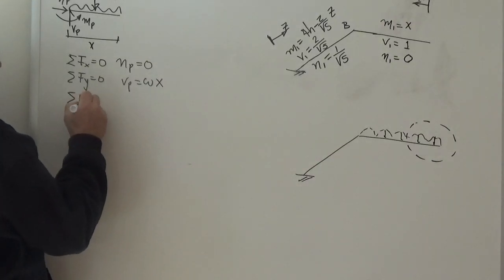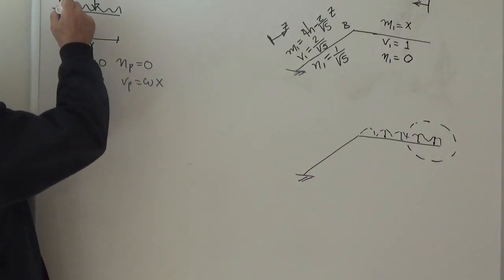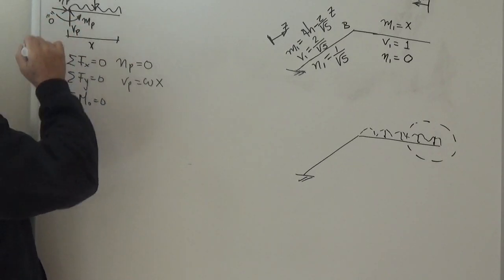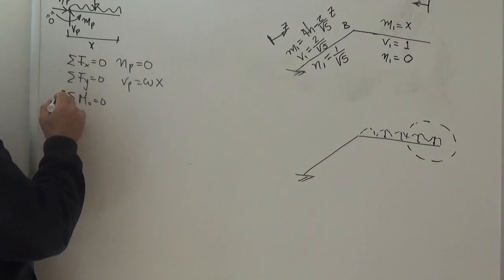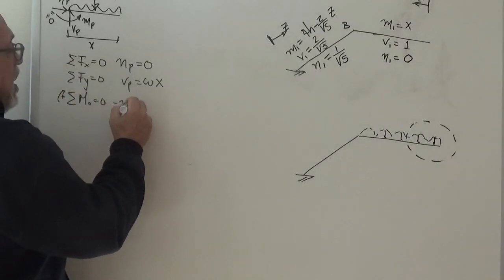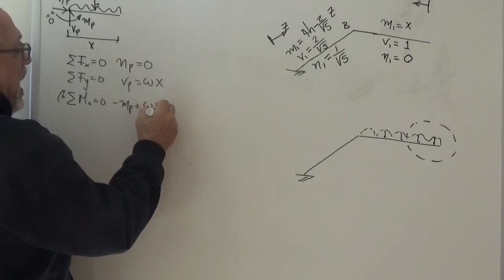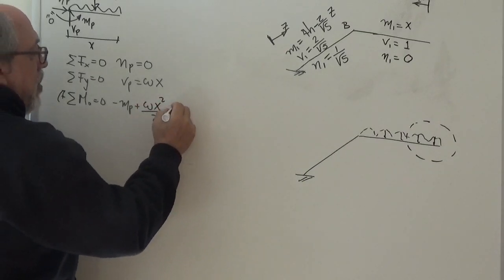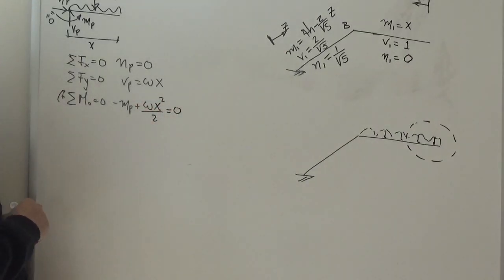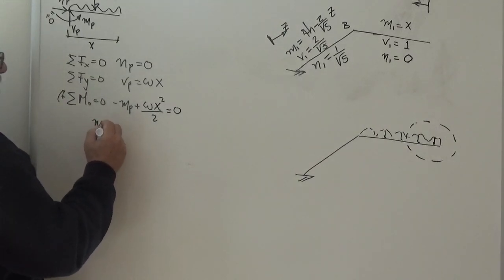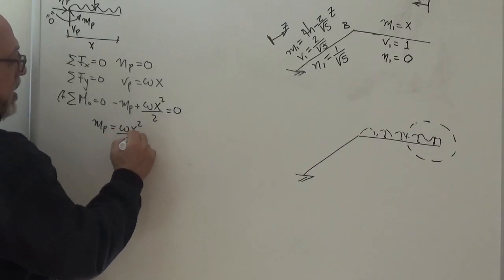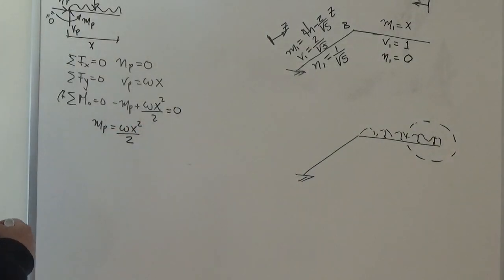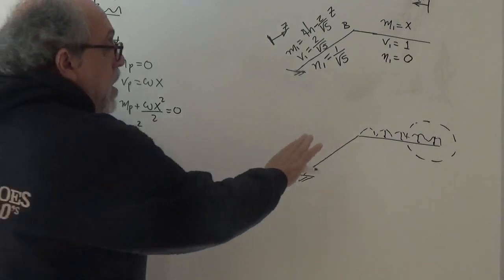Sum of the moments about O equal to 0, taking clockwise as plus, I get minus MP plus WX times X over 2 equal to 0, from where MP is equal to WX squared divided by 2. Okay? So that concludes everything regarding bar AB.